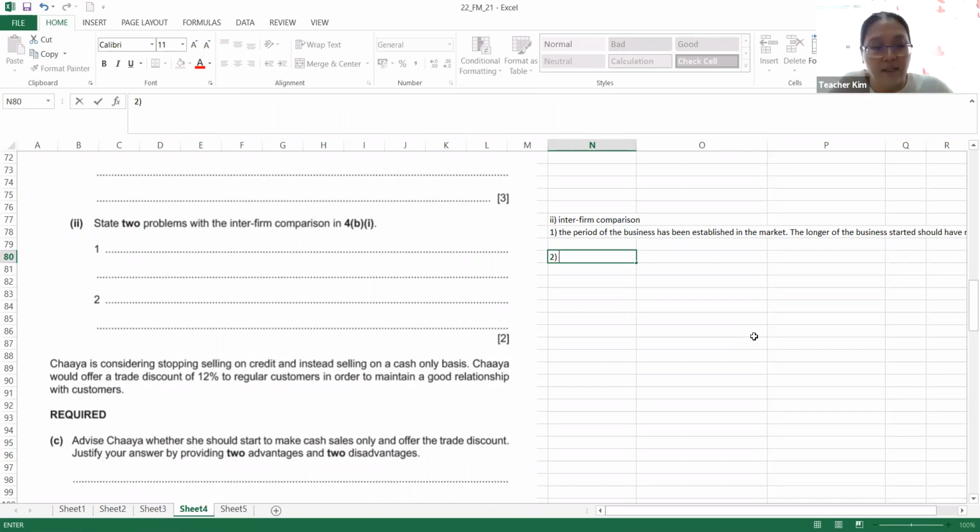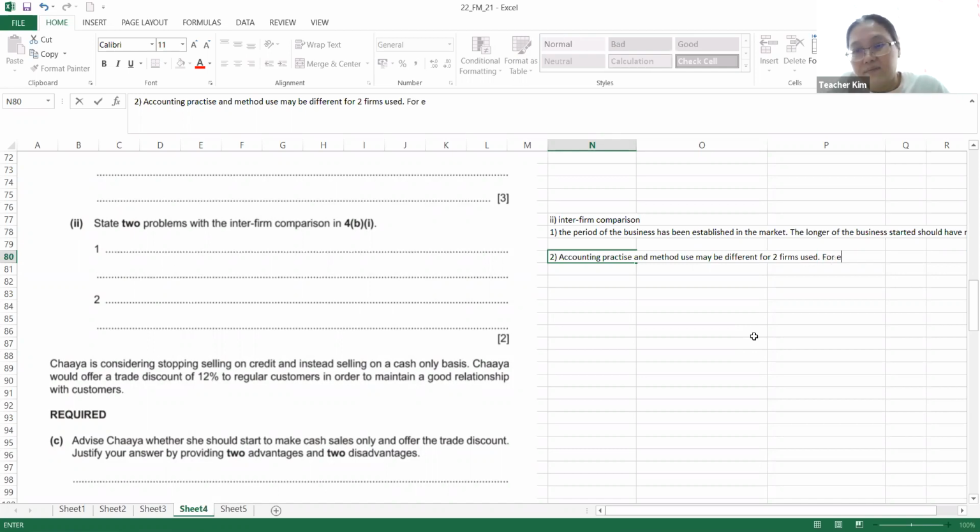Accounting principle. Okay, accounting practice and methods used may be different for the two firms. Different methods have a different impact.